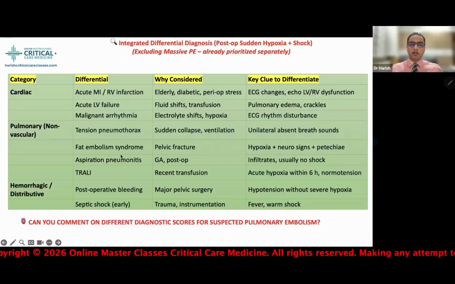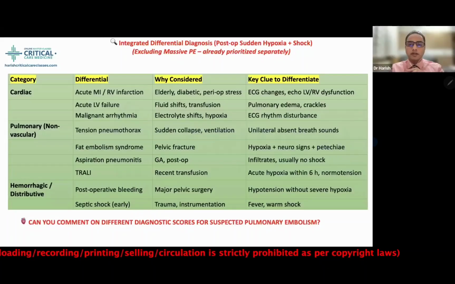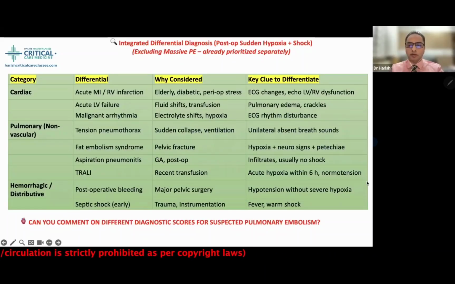Aspiration pneumonitis: the patient underwent general anesthesia, so there is a possibility; usually there is no shock in immediate aspiration pneumonitis. TRALI: there is a history of recent transfusion. Usually it presents within 6 hours of the transfusion with acute hypoxia. Usually they have normal blood pressure; there is no shock in TRALI. Very, very important. So all these differential diagnoses you need to remember, and you should give the rationale.